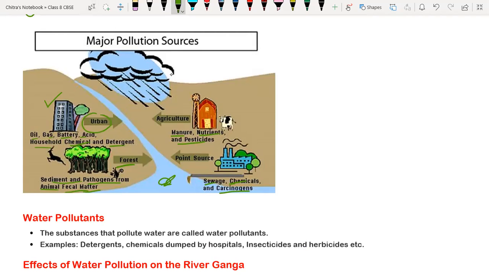So urbanization, agricultural activities, the forest and the industries cause water pollution directly. Is it clear, everyone? Yes, sir. So the diagram explains everything about water pollution.